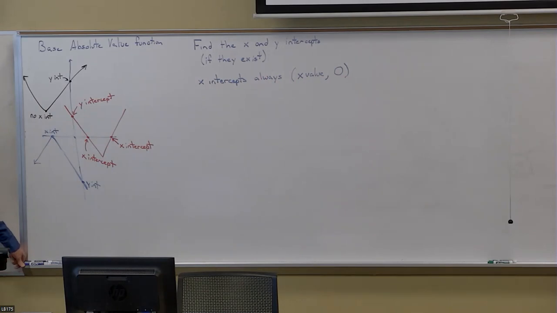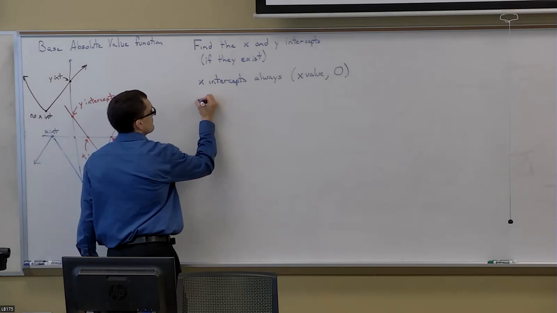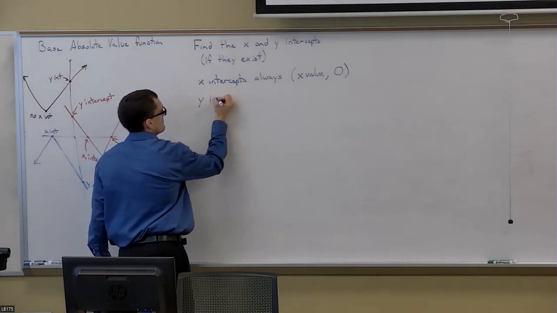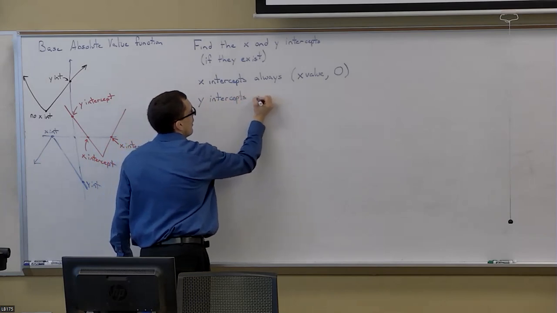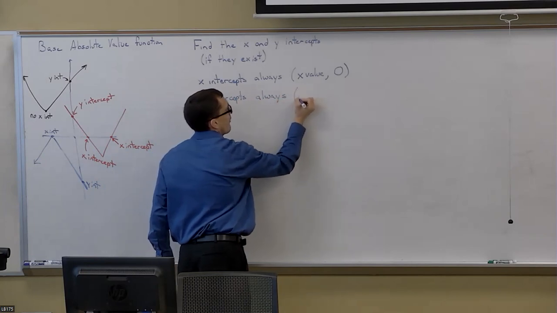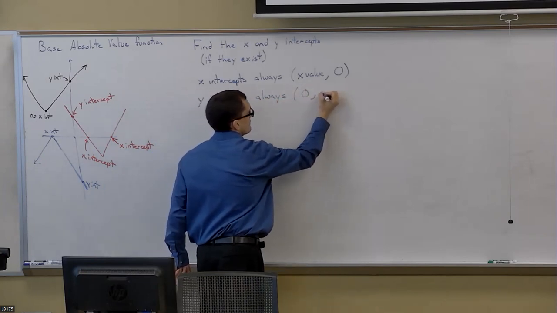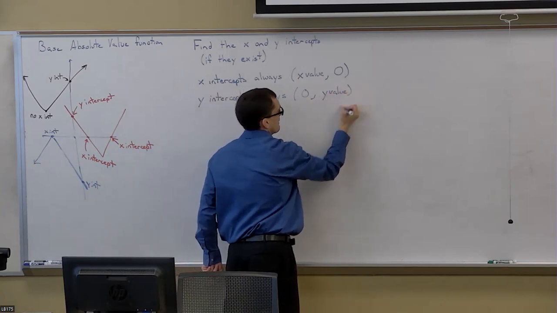Because they always hit the x-axis, and hitting the x-axis means you have a 0 in the y value. And it's exactly the reverse with y-intercepts. Y-intercepts always have the form 0 in the x value, and then we get some y value.